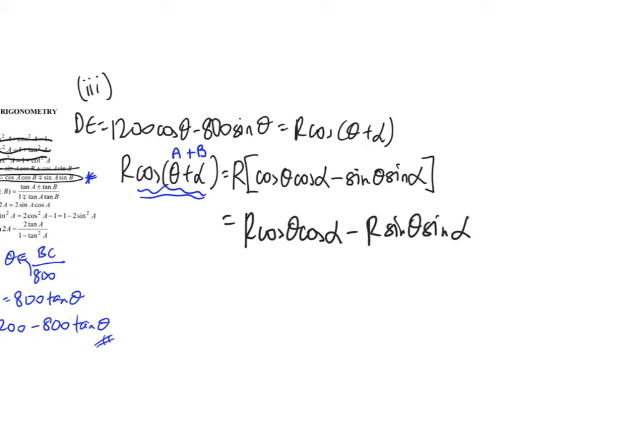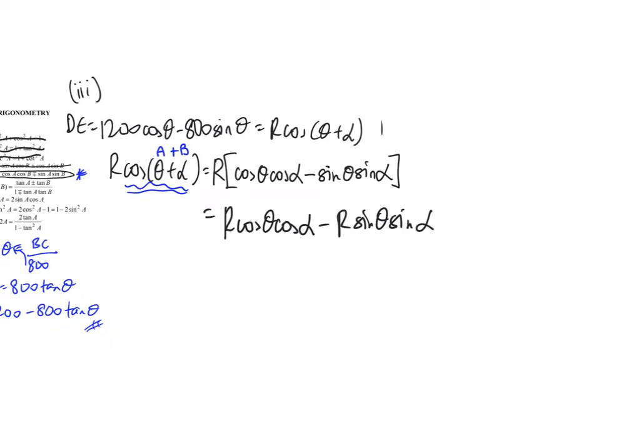And again, this has to be equated to my original dE equation. So what do I mean by that is, let's go back to our original equation right here. Okay, let's label it as equation 1.